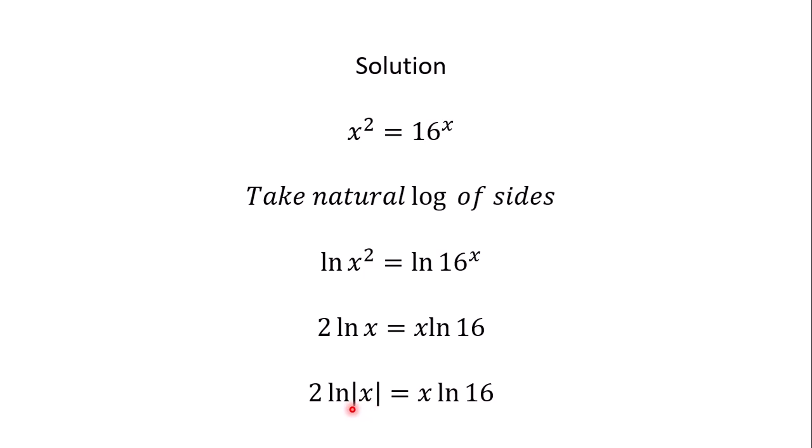Now mind you, like I said, natural log of 16 is a number, because it has a numerical value when you punch it on the calculator. But natural log of x we don't know unless we find a value. It becomes a function, like y is equal to something, unless we do something before we get the actual value of x. So the value of y depends on the other expression given.